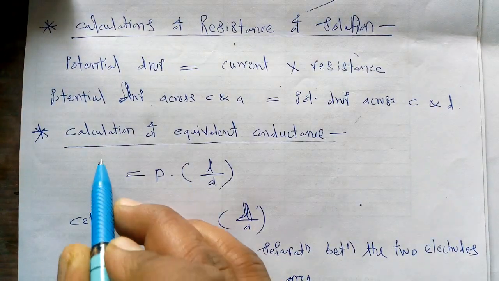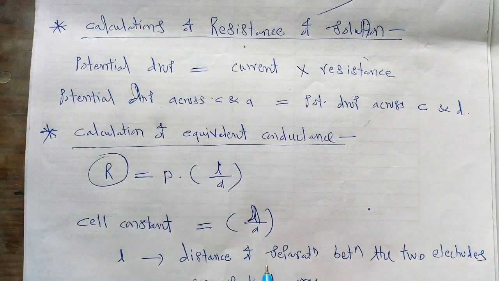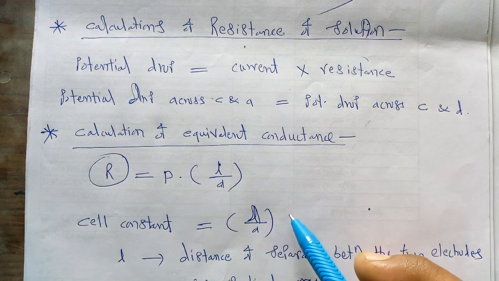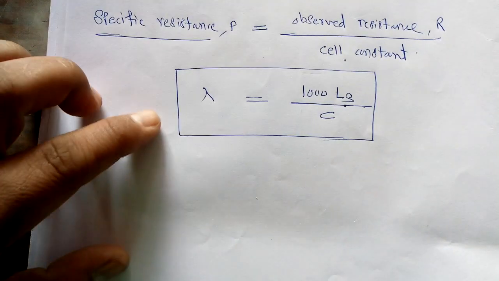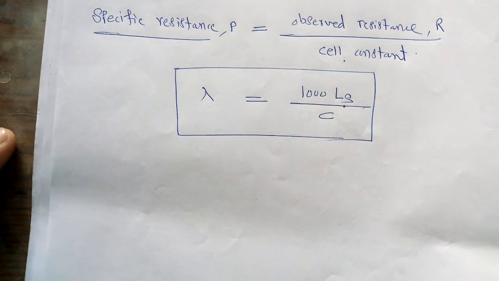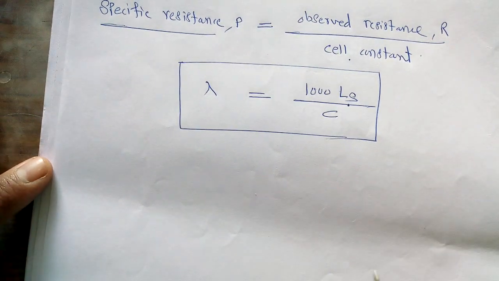In the equation, one ratio is there, the cell constant, and by using it we can calculate the specific resistance, and after that the equivalent conductance of the particular electrolytic solution with the help of the conductivity cell.